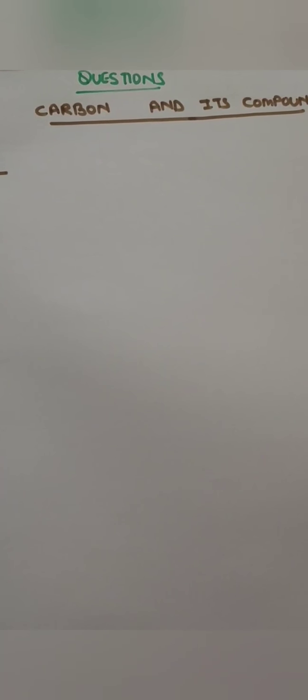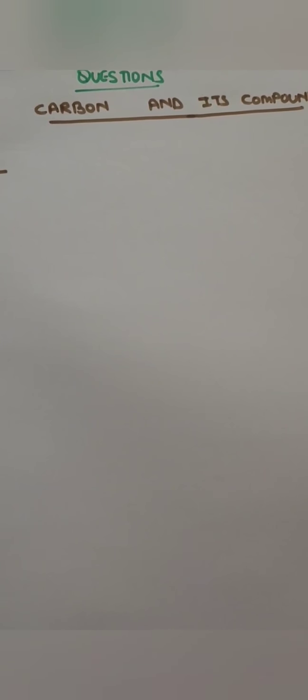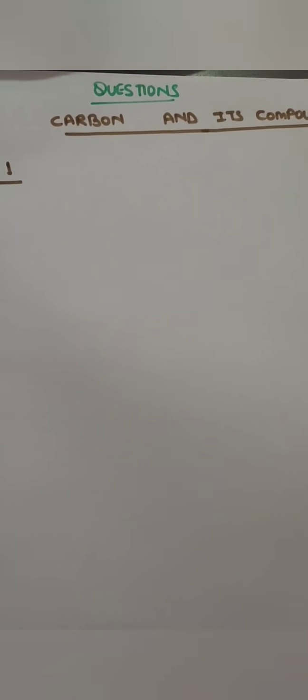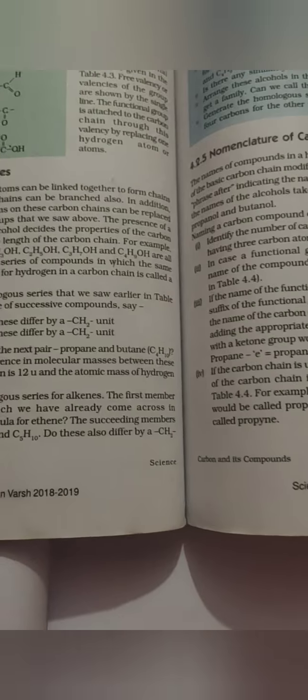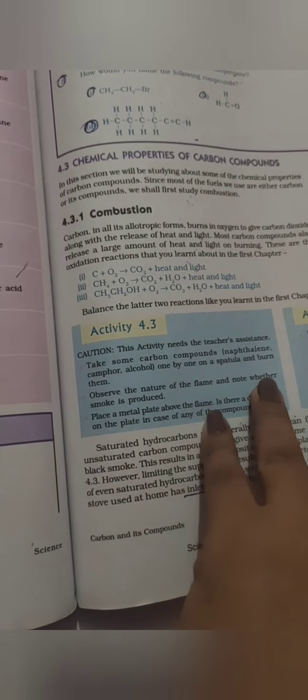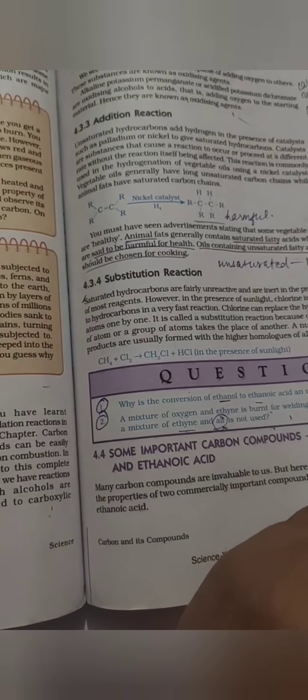That means CBSE has reduced the syllabus, and all the nomenclature and functional groups have been removed from the syllabus for this year. Now, if you see the book, you will find other topics like nomenclature of carbon, and then chemical properties of carbon compounds, all these pages.